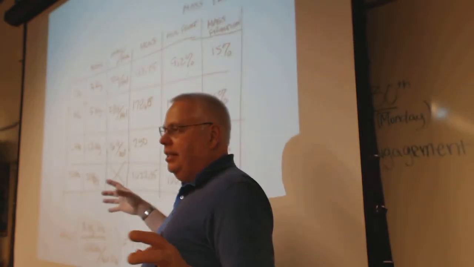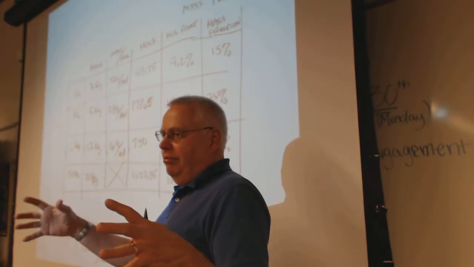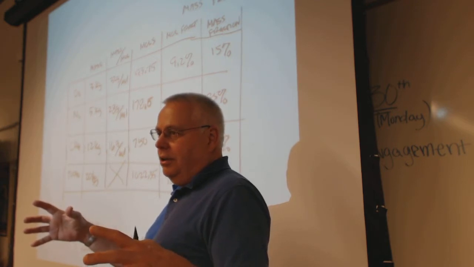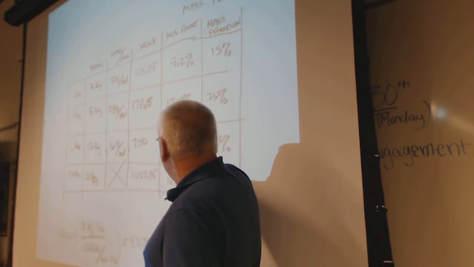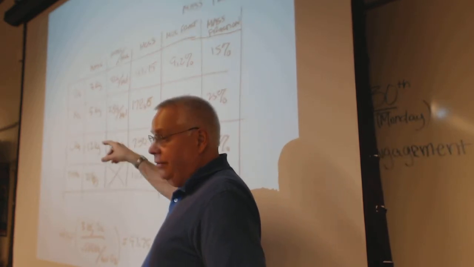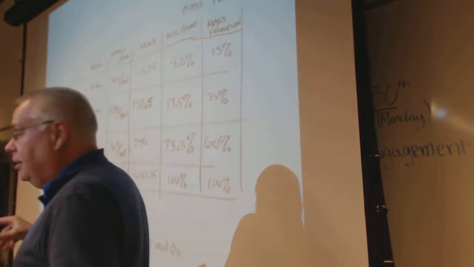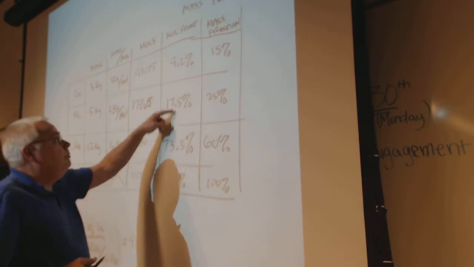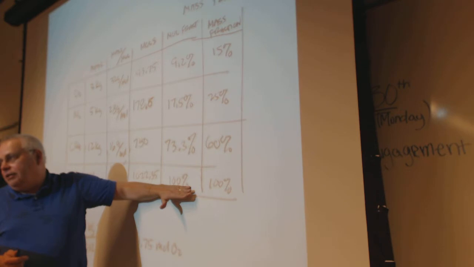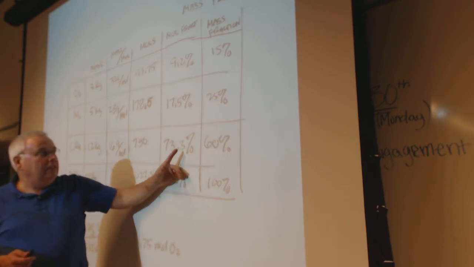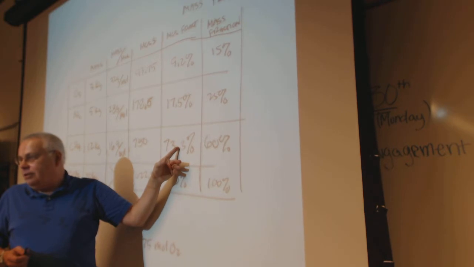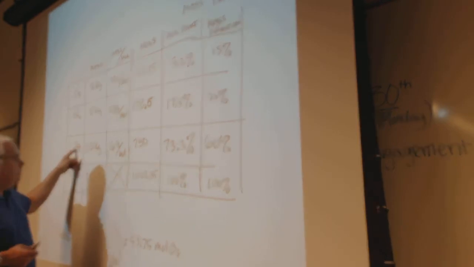If this was all in a container at room pressure, call it 100 kilopascals, the partial pressures of these gases, these are all gases, if they're all ideal gases, the partial pressures are going to be proportional to this. So if it's at 100 kilopascal pressure, it's going to be 73.3 kilopascals of CH4.